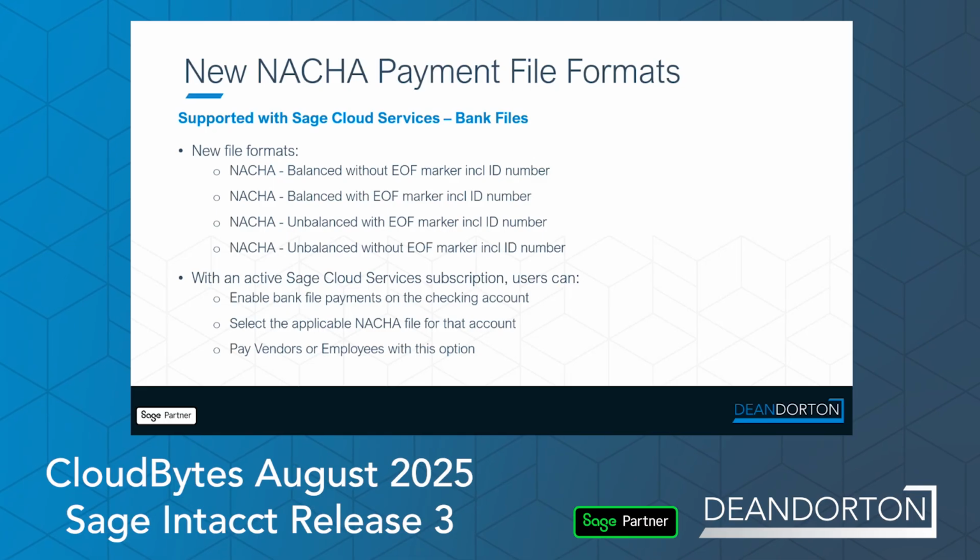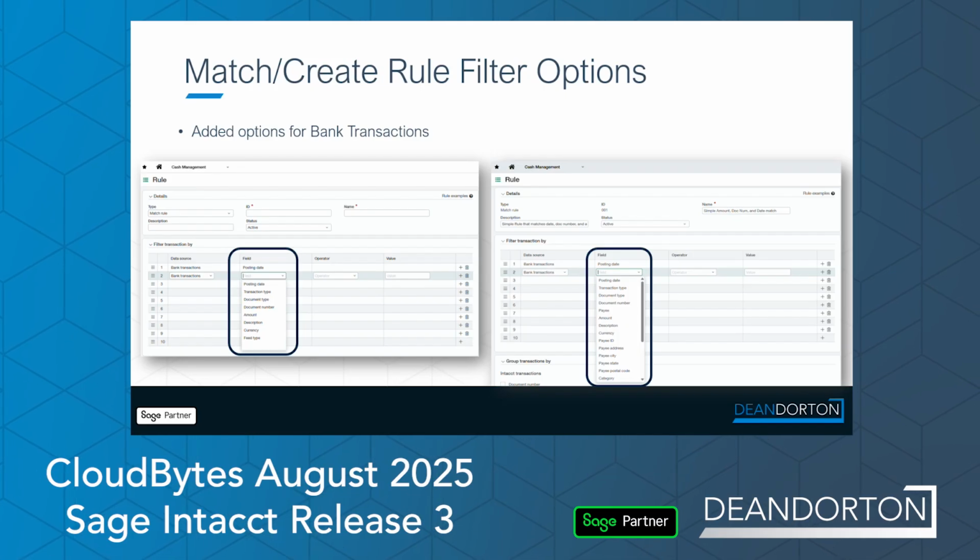But anyway, these are some new file formats that are available inside the system. I don't know when they apply, but that's up to the financial institution to tell you. So within an active subscription, users can enable bank file payments on the checking account to pay vendors or employees with this option. So it's giving you some additional file formats that you can use if your bank requires those formats.